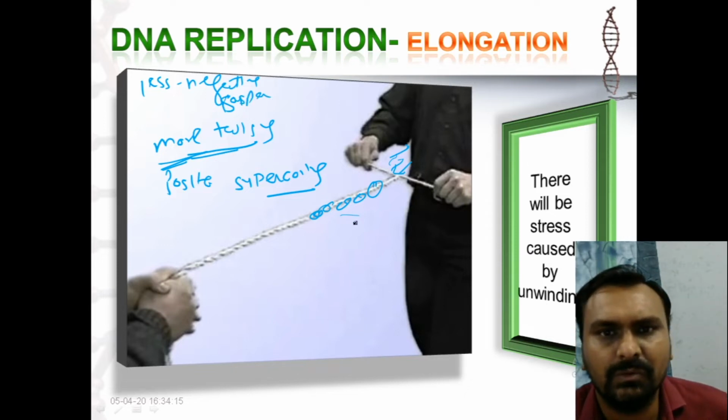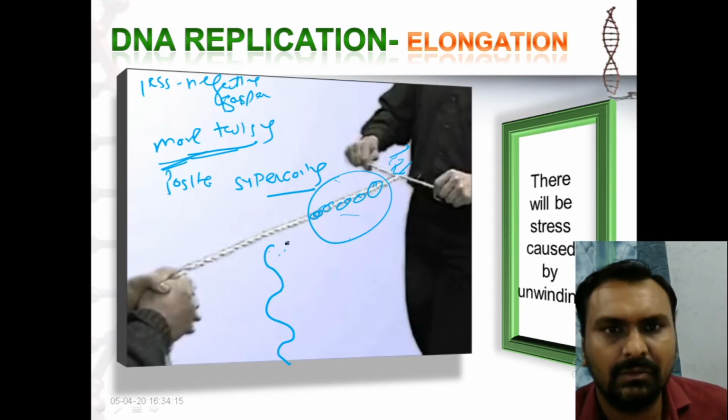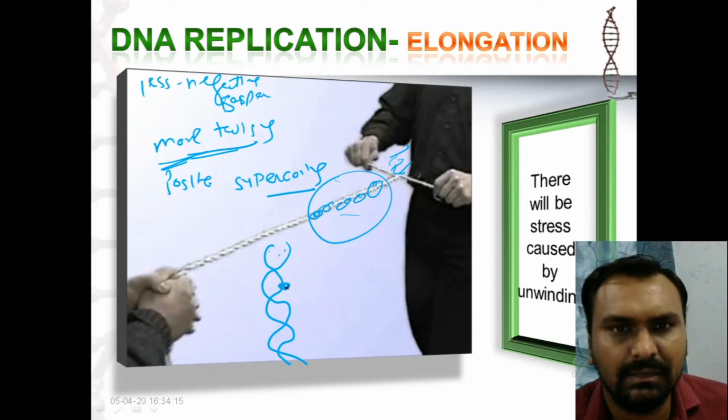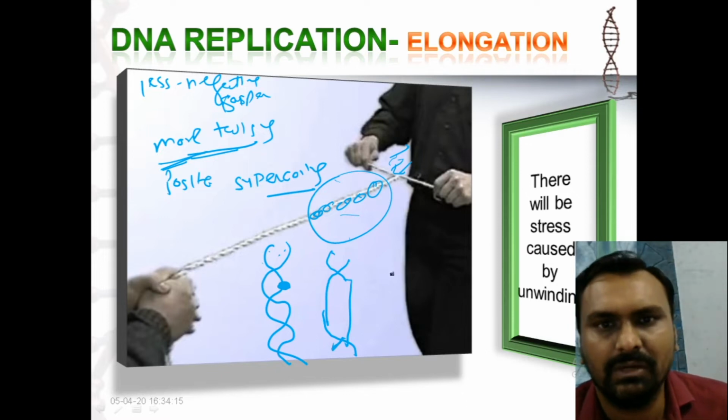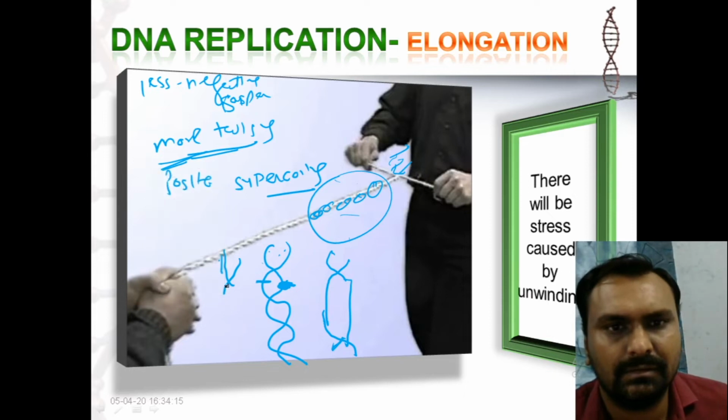Okay. So this topoisomerase, what will they do? Suppose there are two strands of DNA. Topoisomerase 1 will nick one strand and then reseal it, while topoisomerase 2 will cut both strands of the DNA so that it can again ligate.